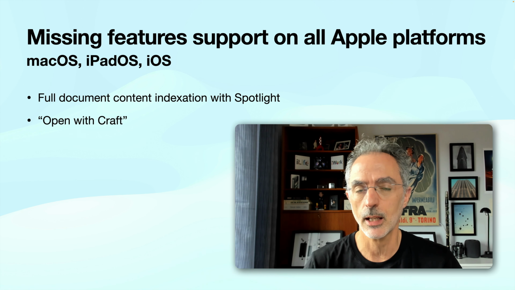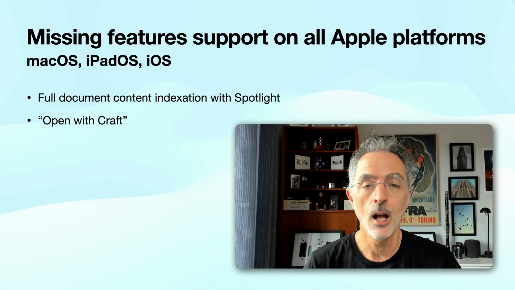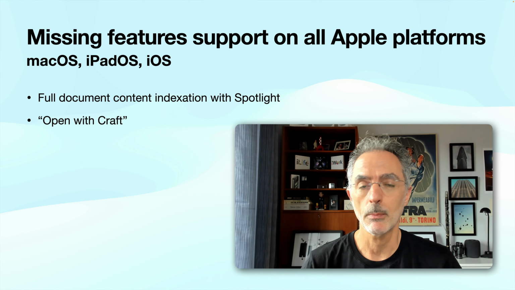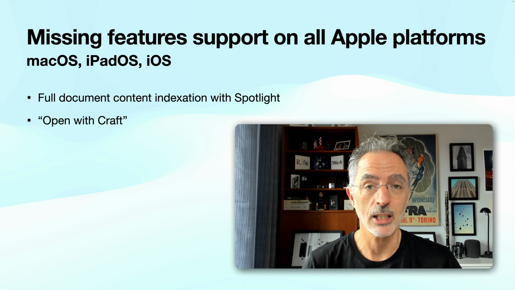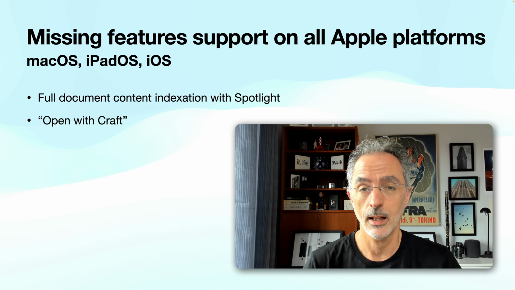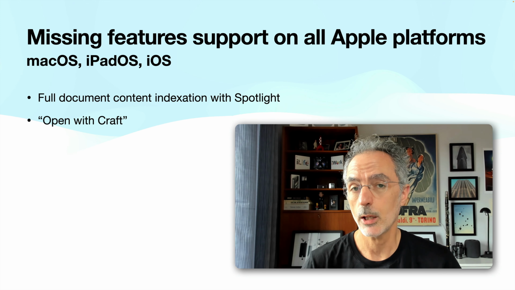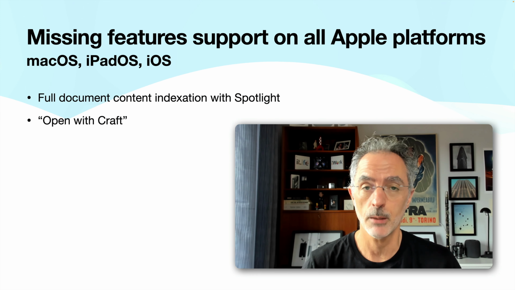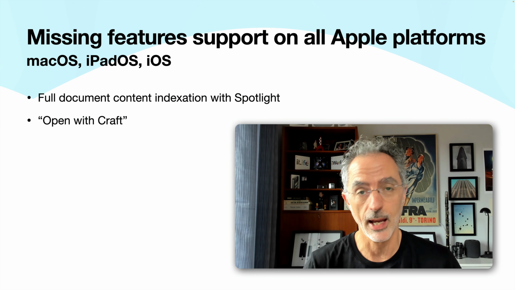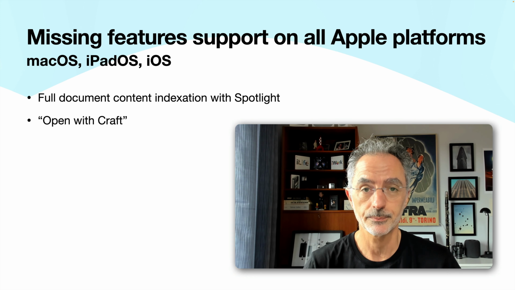This is something that could, I think, be easily added for simple text formats like text. Even images could be imported this way. I don't know why we can use those image formats, but we cannot open them from Craft.